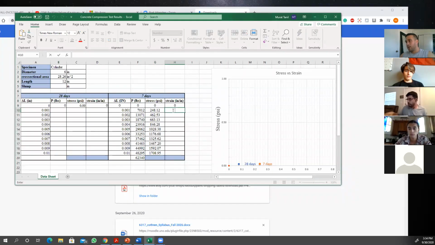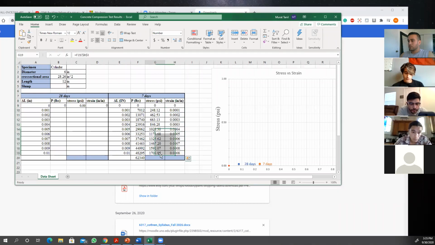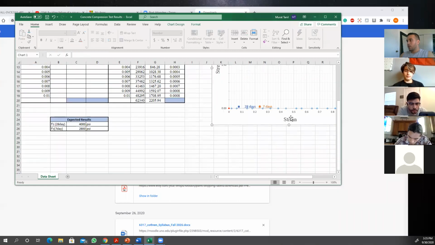Anyway, and the strain values, same as we did before. You have your deformation divided by the gauge length, 12 inch. And then you're going to do your own graph.